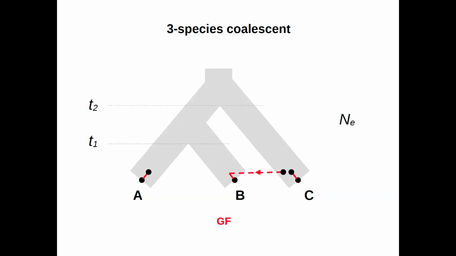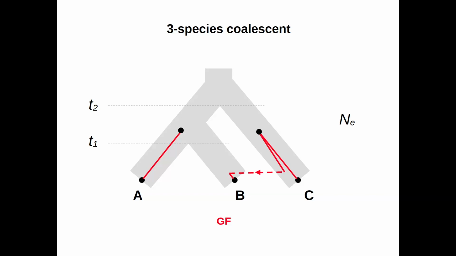I am supposing that this ancestor to lineage B actually was a migrant coming from population C. And this means that, thinking backwards in time, the B lineage moves towards the C population. And now B and C can start coalescing because they belong to the same population. And so if we go to the next slide, we see this happening.